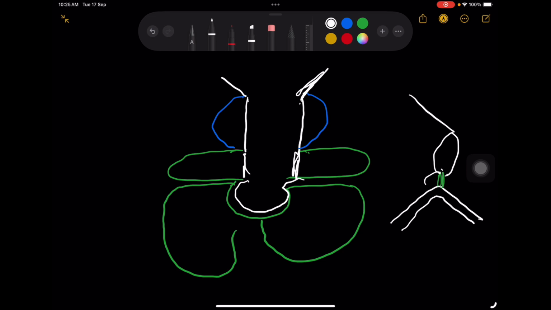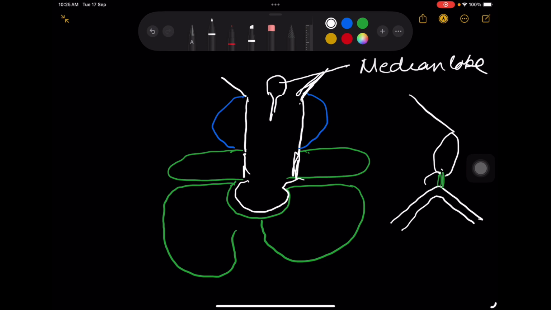Okay. Now, the superior most structure in this prostatic urethra is the bulge of the prostate gland, and that is the bulge of the median lobe of the prostate gland.